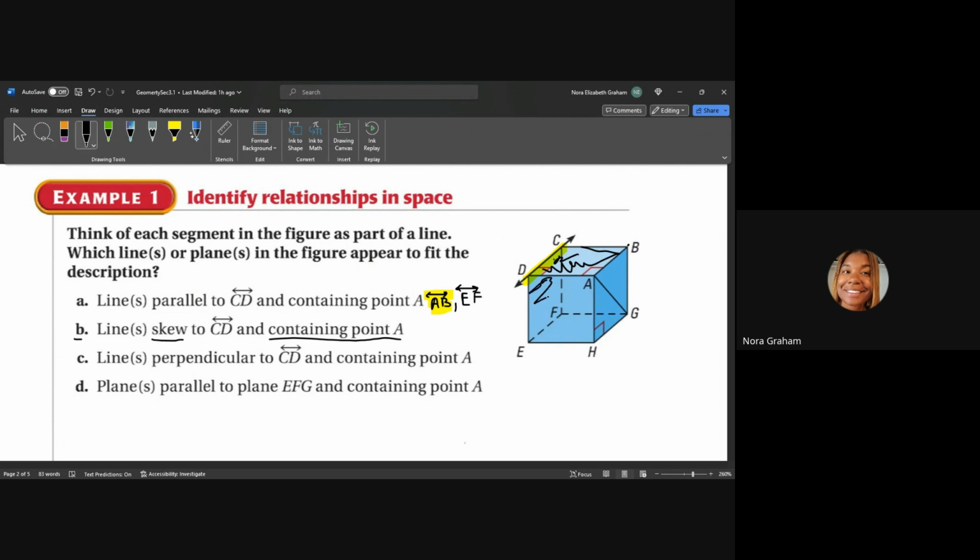You can look at this as a box. And it doesn't contain, yeah, just those two. So I can safely say AG is a skewed line to CD. I put my annotations, and then also AH.